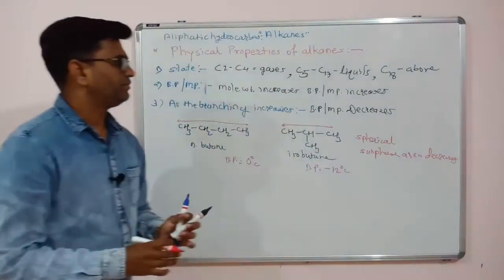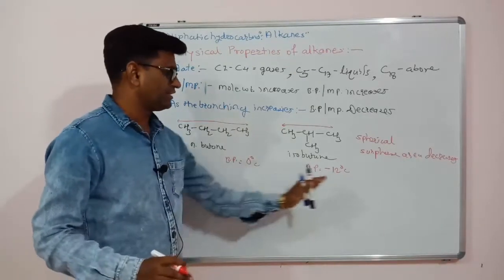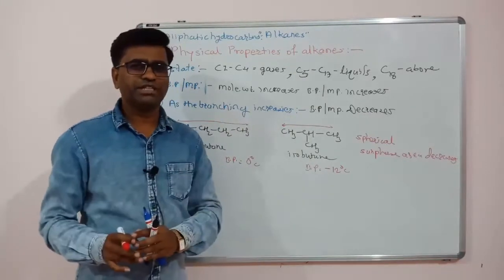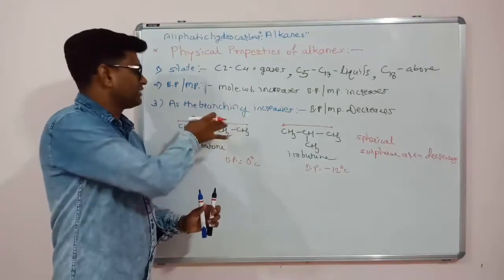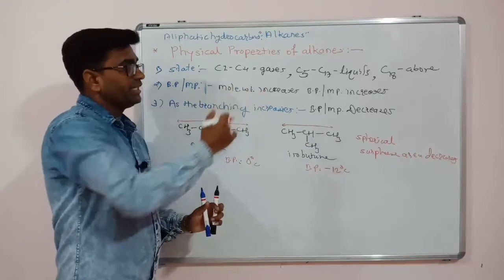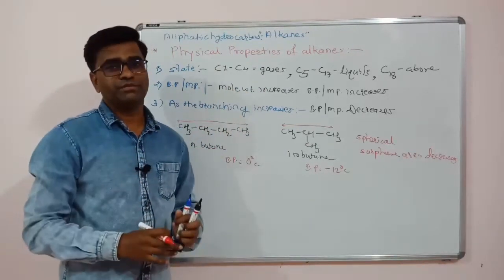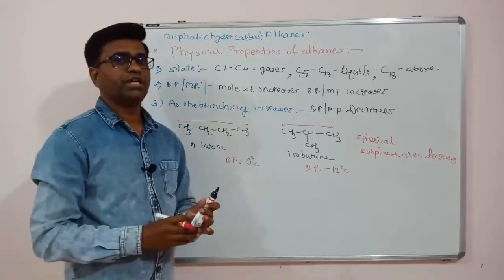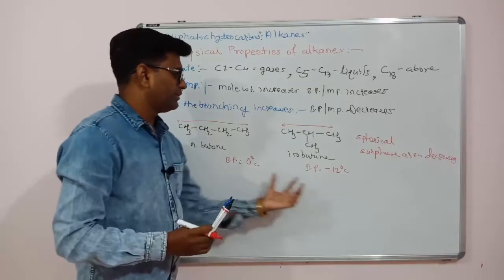Friends, in physical properties, we don't need to remember the digits like 0 degrees Celsius or minus 12. Just remember the sequences, the series. Suppose as the branching increases, melting point and boiling point decrease. So these trends you should remember or you should know. These are the changes in physical properties.